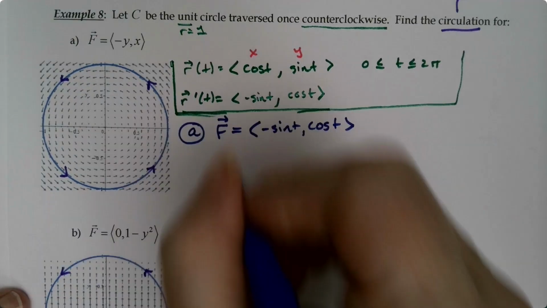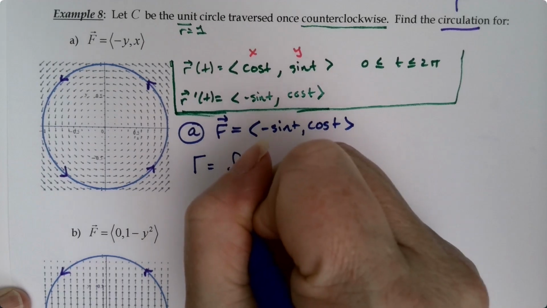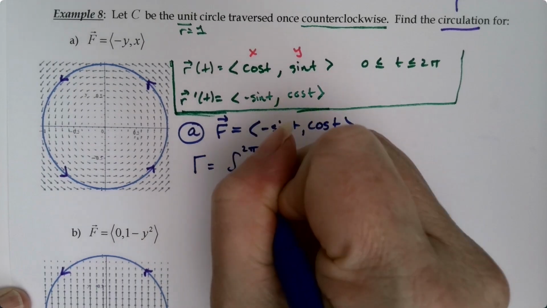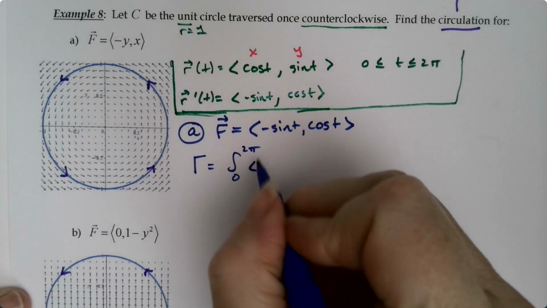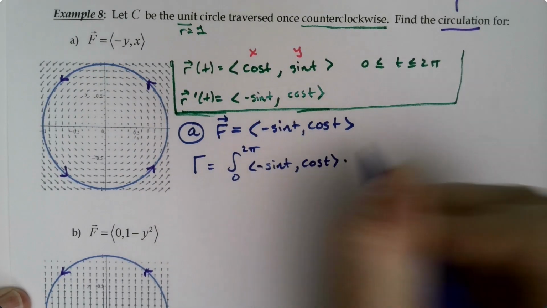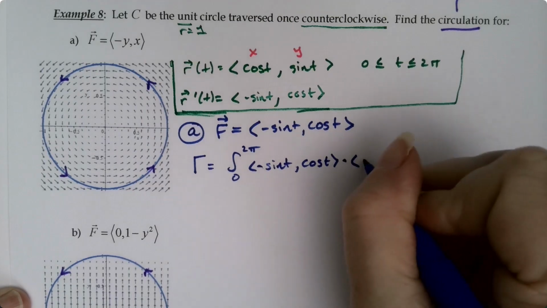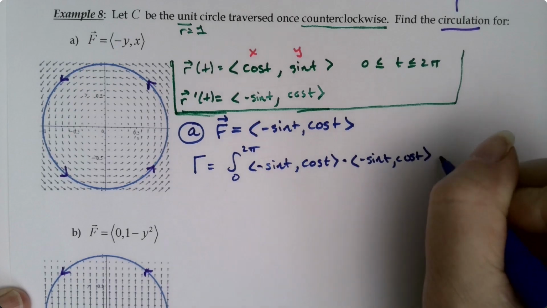All right, so now we want the circulation. The circulation is the integral from 0 to 2 pi of negative sine t, cosine t, dot product with negative sine t, cosine t, dt.